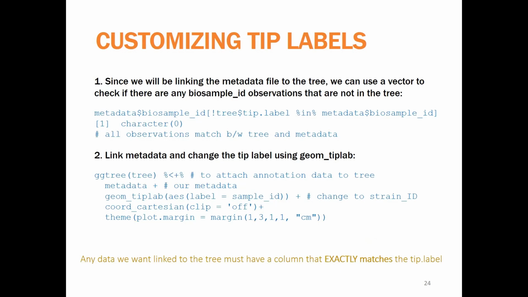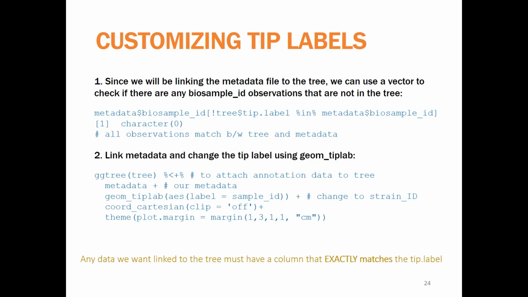Since we will be linking the metadata file to the tree, we can use a vector first to check if there are any SAM-N numbers, which are the biosample IDs, that aren't matching the tip labels of the tree file. You want to make sure the metadata file matches the tree file.